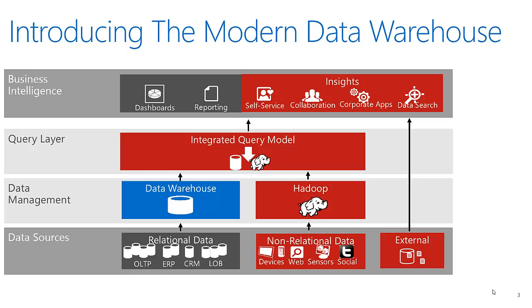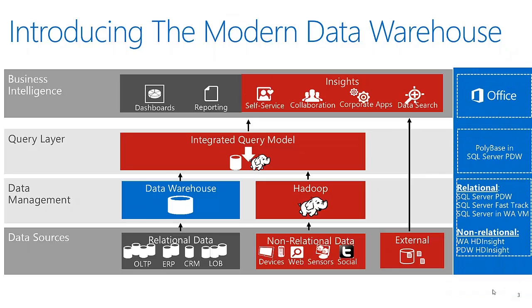So in the modern data warehouse, we want to have a flexible architecture, and for that kind of data, which is originally non-relational data coming from devices, web logs and sensors and so on, we can store that data into Hadoop and use Hadoop simply as a scalable and cheap file system. And in parallel data warehouse, we have a technology called PolyBase.